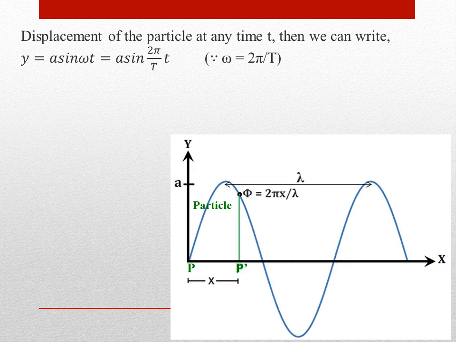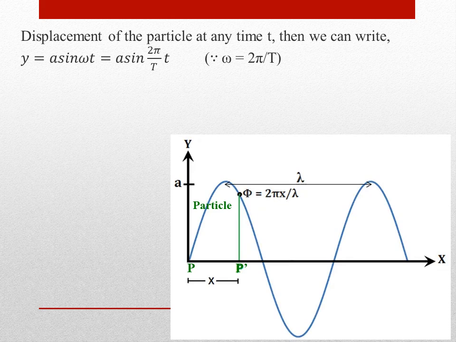If v is the velocity of the particle and y is the displacement of the particle at any time t, then we can write y = a sin omega t, and we all know that omega is equal to 2 pi by T. On substitution of omega as 2 pi by T in y, we have y = a sin (2 pi by T) t, where small a stands for the maximum displacement of the vibrating particle, or in other words the amplitude.